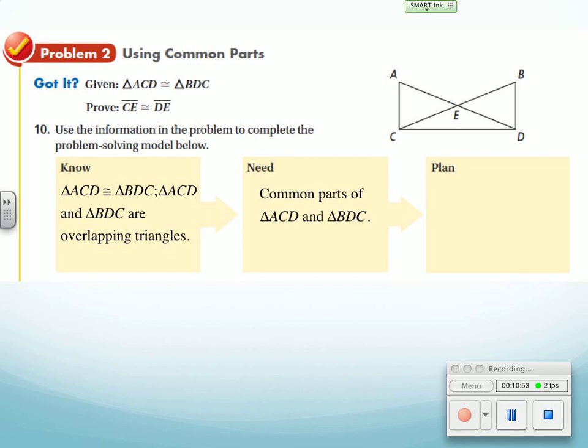We need to find common parts of triangle ACD and triangle BDC. So we want to show that ACE is congruent to BED, and then we can use corresponding parts of congruent triangles are congruent to prove that CE is congruent to DE.